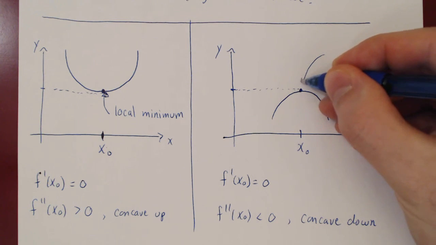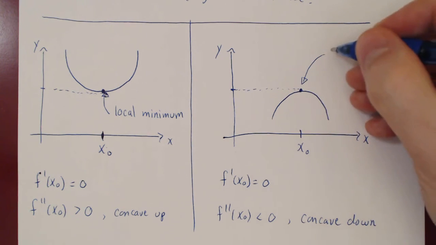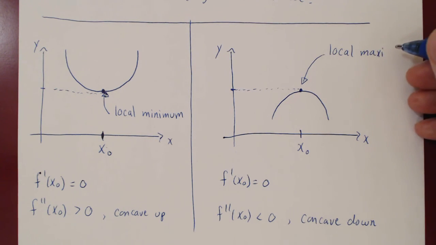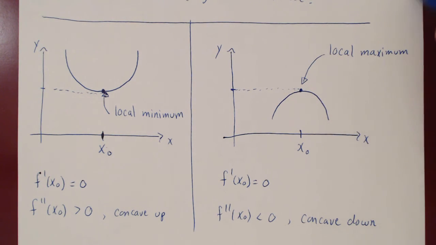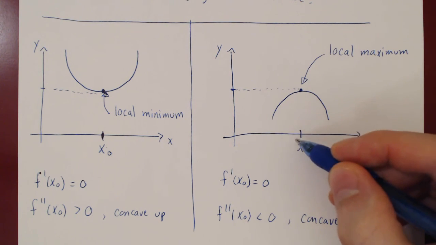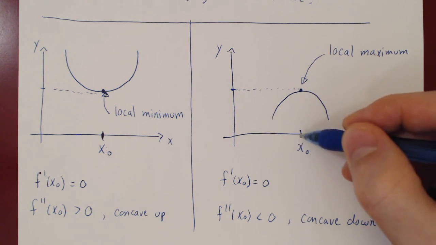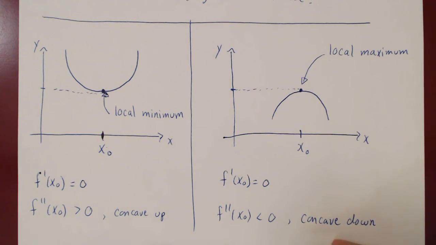So if you look around this point, the function attains its maximum value at x0, and so we call this a local maximum. And local because maybe the function goes down and then comes back up, and you may get even larger y values. But if you only look locally around x0, so you stay very close to x0, you see that the maximum value of y is attained exactly at x0. And this is why we call this a local maximum of the function.